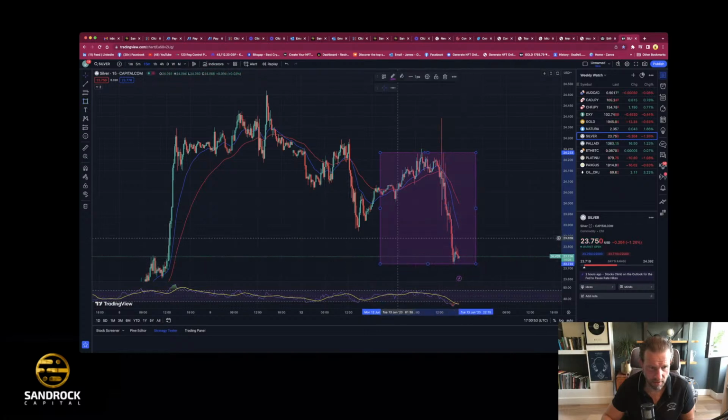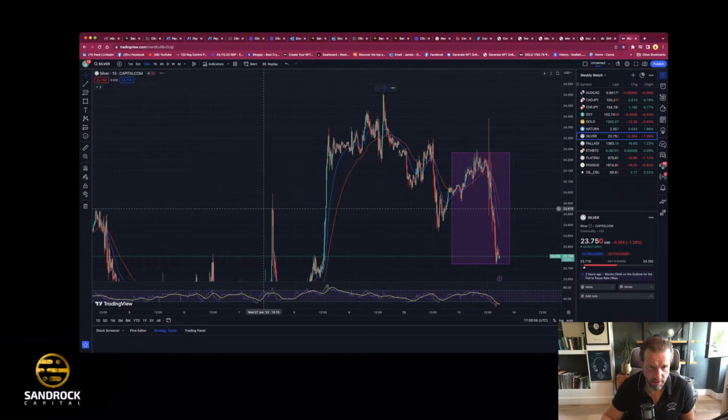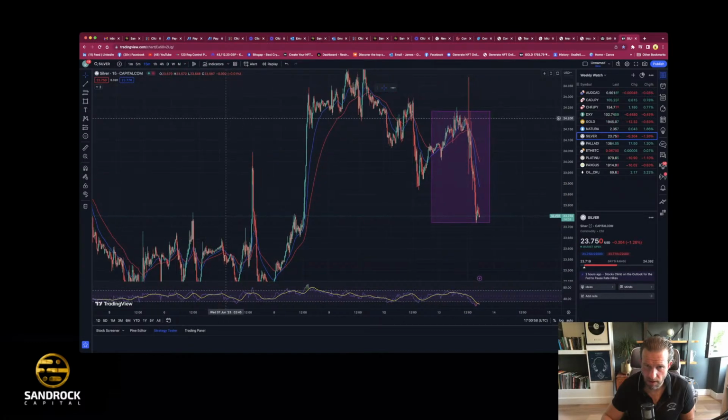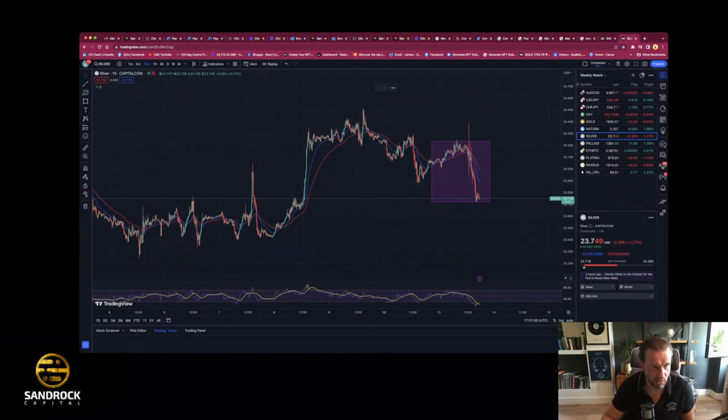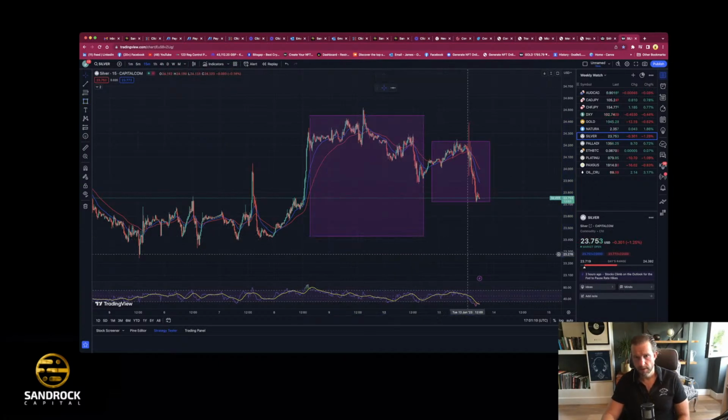Slightly different with silver, but you can see there's a big pocket there. Silver really is gold on steroids, so we have to remember that it's more volatile, moves quicker, and is a smaller market cap. So that is really where we're at with silver and gold.